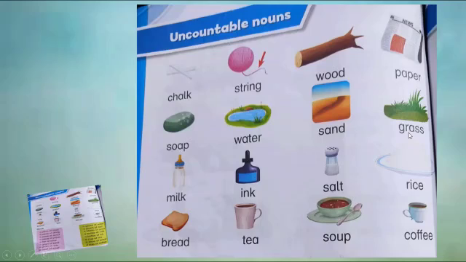Grass. Milk. Ink. Salt. Rice. Bread. Tea. Soup. Coffee. क्या हम इन सब nouns को काउंट कर सकते हैं? नहीं ना? So these are all uncountable nouns.